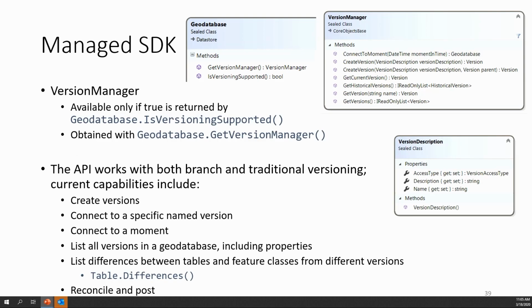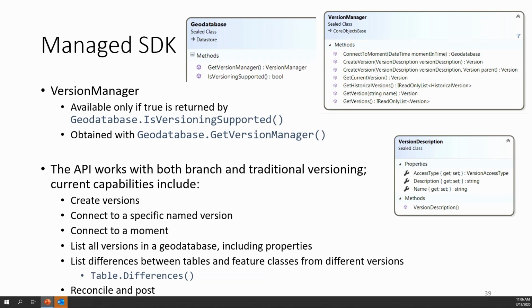Now, here you can start looking at some of the bits and pieces. From a geodatabase class, you can first ask, is versioning supported inside this geodatabase? And you can see that's a method that returns a Boolean value. And if versioning is supported, then you can ask the geodatabase for the version manager. Version manager is a nice helper class, a little bit like the root resource that we were talking about through the REST API.